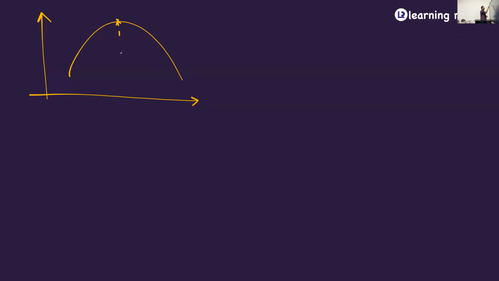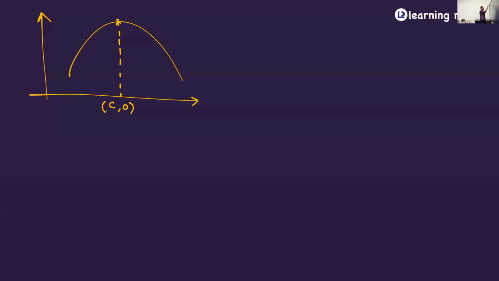Now observe. When I talk about a function like this, from here drop a perpendicular. This point, if I call it (c, 0), where c is the point at which maximum value is attained. So the question is, what is happening on the left of c and on the right of c?